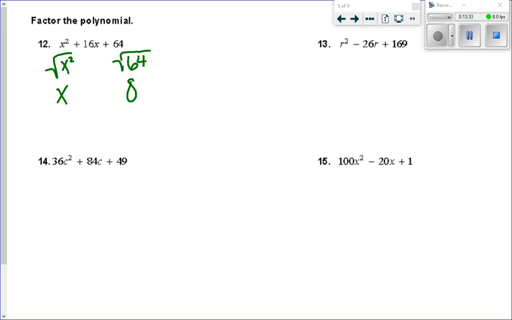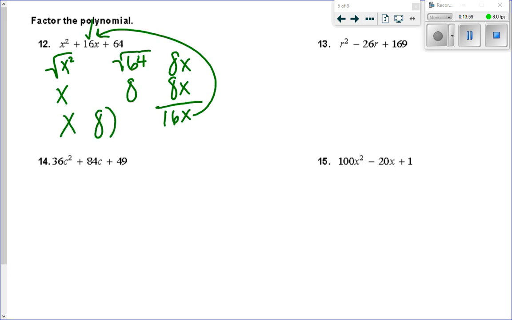All right, well, let's just check this. 8 times x is 8x times 2. So 2 of those give us 16x. And then going right back up here, yep, that is exactly what we need to see. So that means this is a perfect square trinomial.